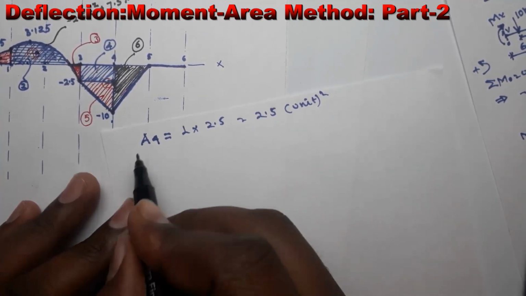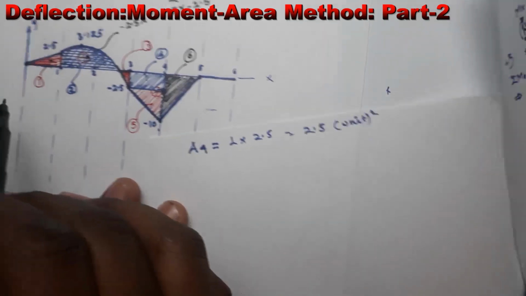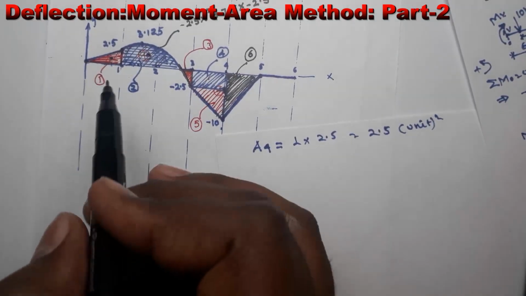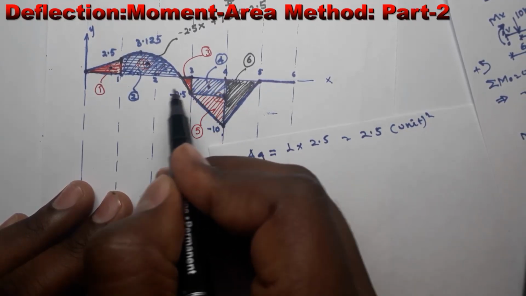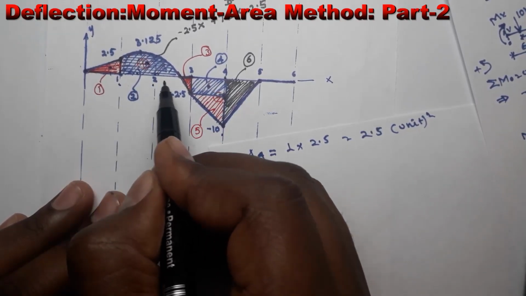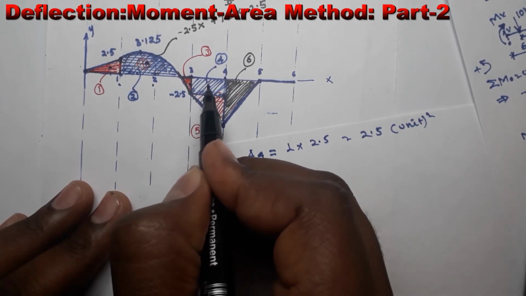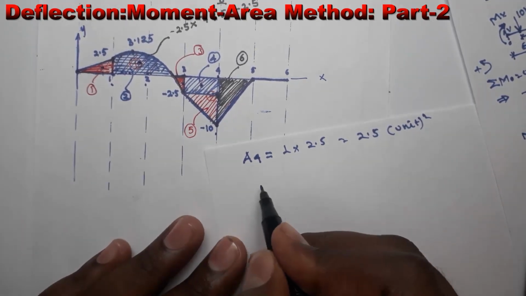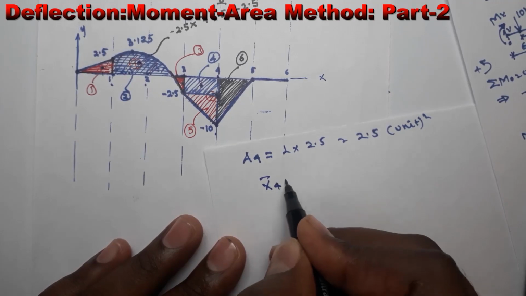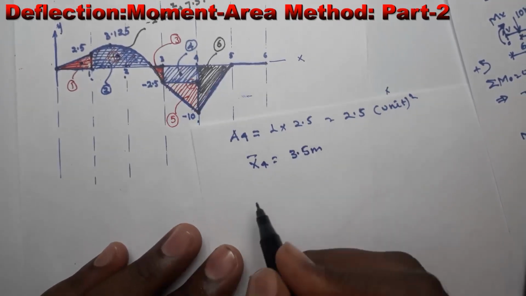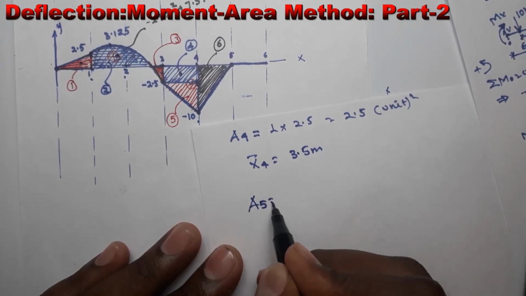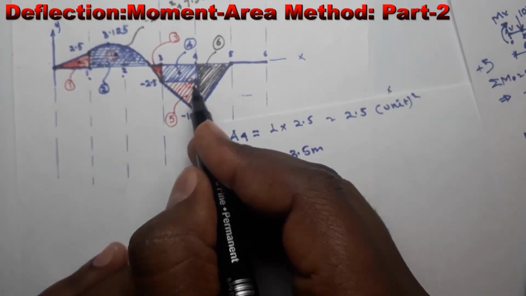Okay, the centroid for this one, measured from the y axis, is at the center of this section. From here 1, 2, 3 plus half of this is 3.5. So x bar 4 equals 3.5 meter. For area 5, it is a triangle.